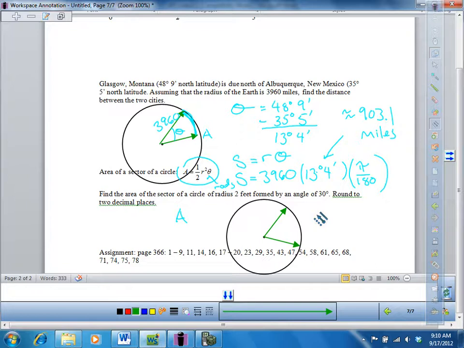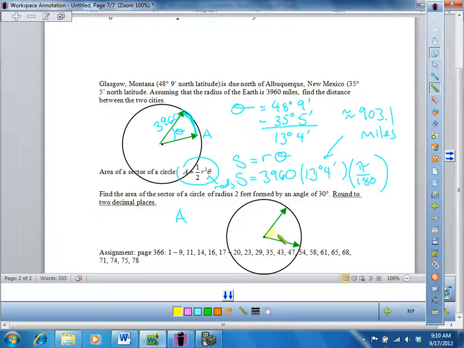Watch my great techniques here. I can shade this in. So this is a sector of a circle, a piece of the bottom. So they want to know that area. And that comes out of that formula n over 360 times pi r squared, which is the area of a circle.